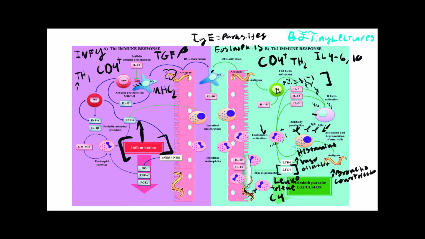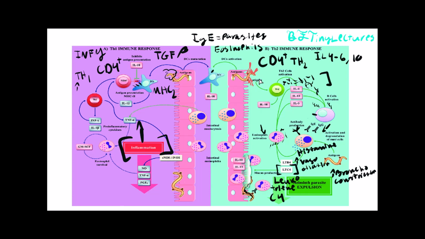Sometimes we don't even need the eosinophils. Sometimes the little IgG will bind to this guy right here. They're going to start binding, whatever it looks like, right? And then a protein is going to come along and start poking holes into the pathogen.